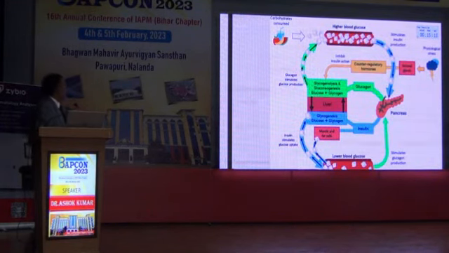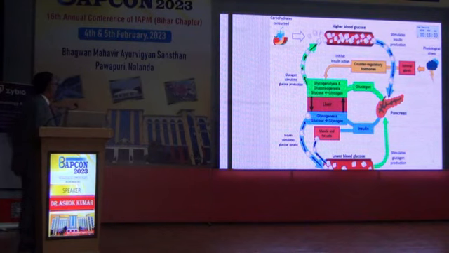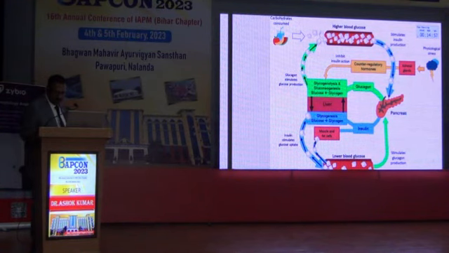This is a diagram of glucose metabolism in the body. Dietary intake of carbohydrate increases blood glucose levels. Increased blood glucose level stimulates the pancreas. The pancreas secretes insulin.